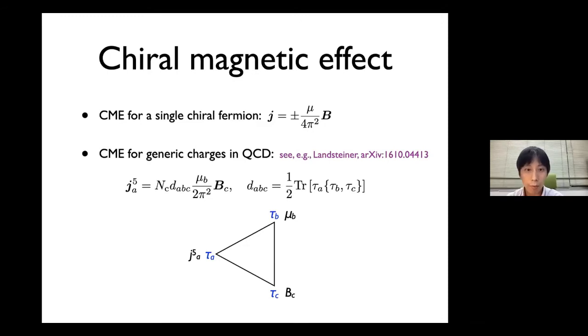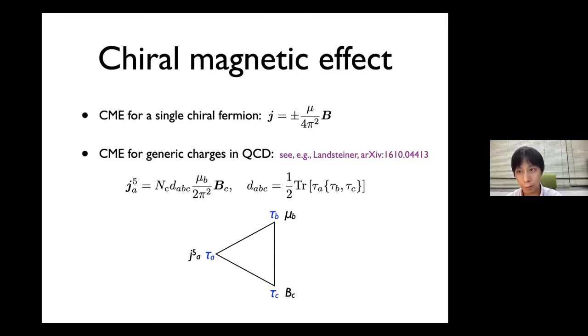Here, Nc is the number of colors, mu B is the chemical potential associated with a conserved charge whose generator is proportional to tau B, and B_C is a generic magnetic field coupled to a charge whose generator is tau C. And d^{ABC} is the algebraic factor given by this expression, where tau A, tau B, tau C are assigned at each vertex of this triangle diagram.